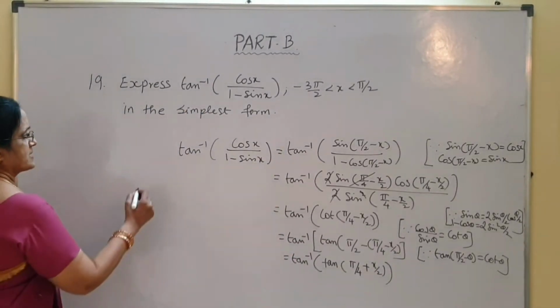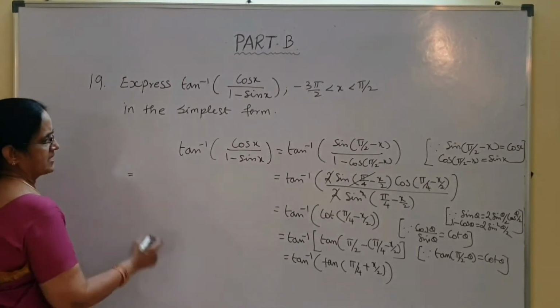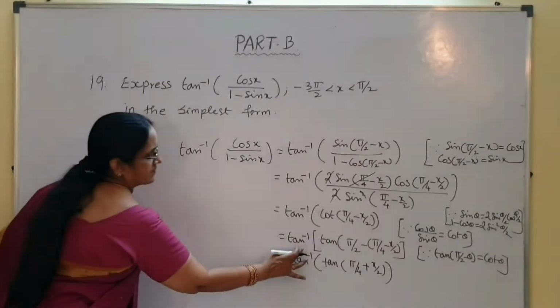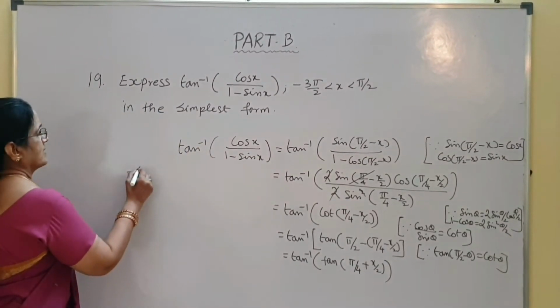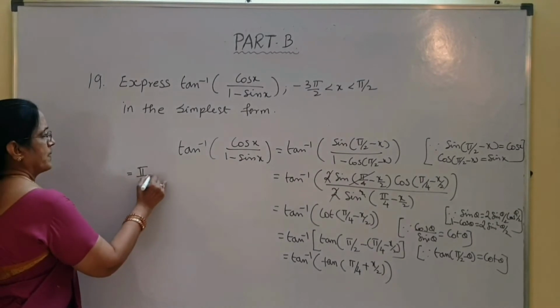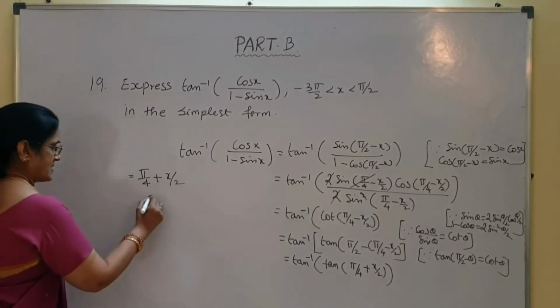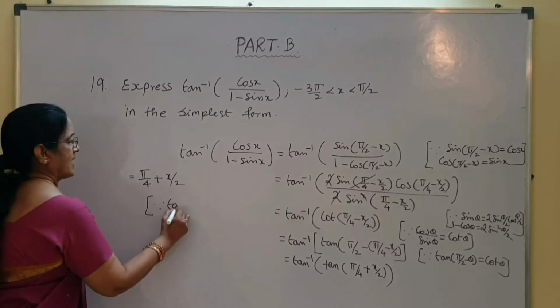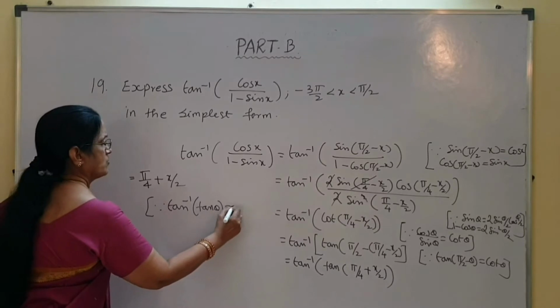This is nothing but, I will be getting tan inverse of tan theta is theta. So that is nothing but pi by 4 plus x by 2. Since tan inverse of tan theta is equal to theta.